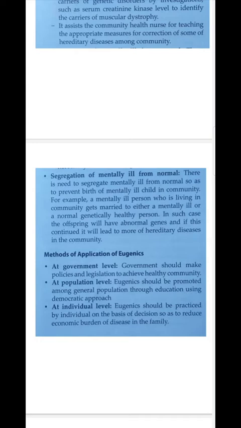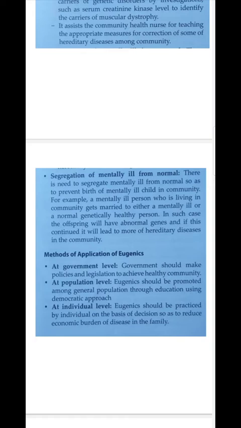In such a case, the offspring will have abnormal genes, and if this continues, it will lead to more hereditary disease in the community. As I told in the marriage restriction, we should restrict marriage between a mentally ill patient and a normal or another mentally ill person. So we can avoid an increase of mentally ill or mentally retarded patients in the community.